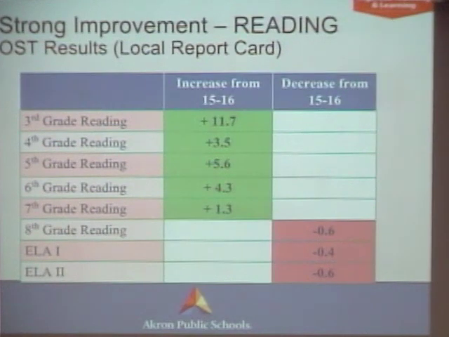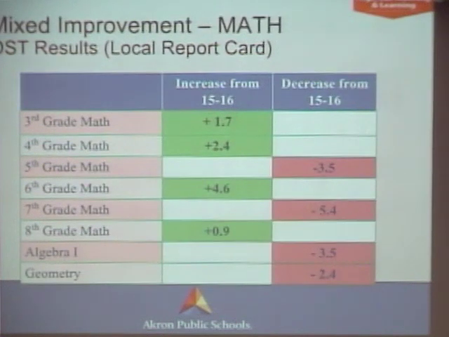So here's where we are for reading and English language arts. Here's math. We have some strong increases, again, from elementary, and then some in middle, and then high school, again, this is retake, so our Howard Lawson is working to carve out those retakes so we know where we are, but it's not going to show up on the report card separate.